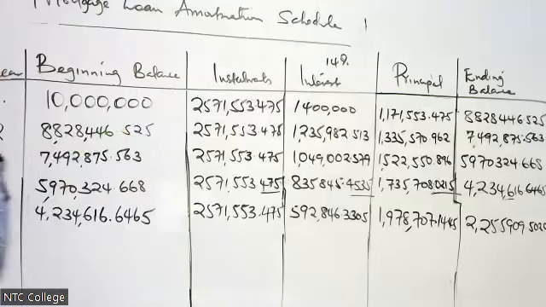Are we all getting that? At the end the principal remaining is 2255, 909, right. So that is the principal that we are remaining with.